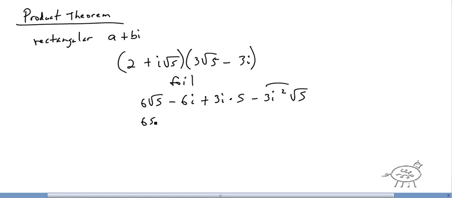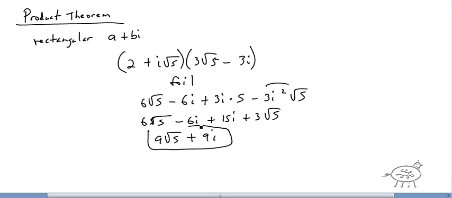So 6 root 5 minus 6i, plus 15i, and since i squared is negative 1, plus 3 root 5. Then we combine like terms and you get 9 root 5 plus 9i. Again, it's in standard form, a plus bi. Make sure you put your real part first and your imaginary part second, and you've got your answer. So that's pretty easy for rectangular form.